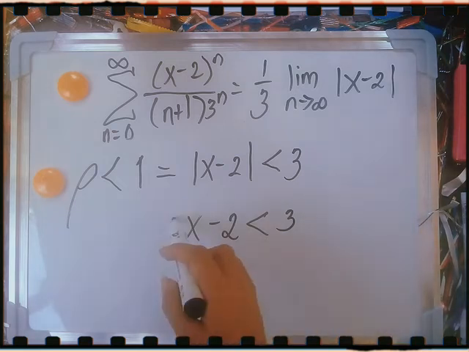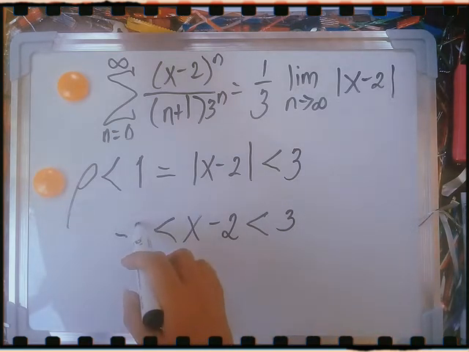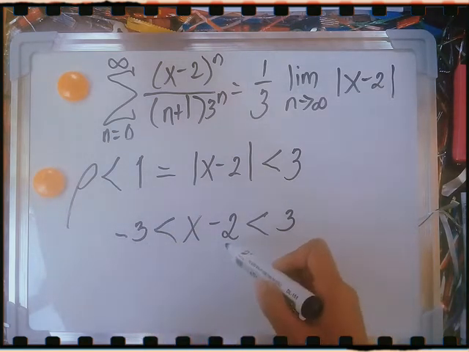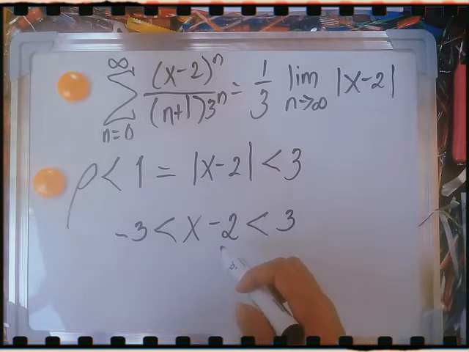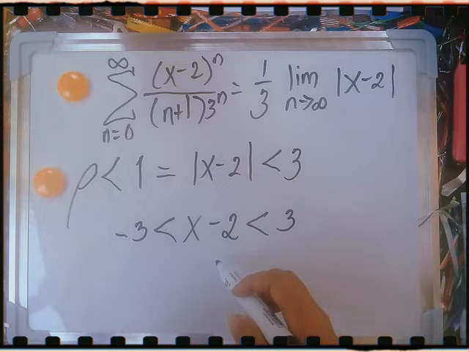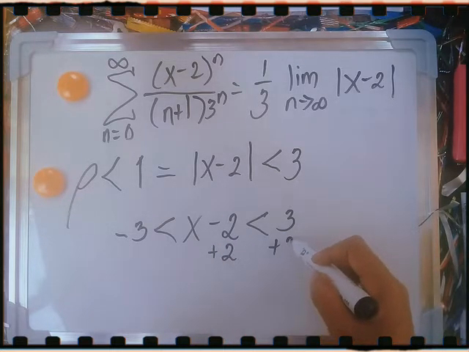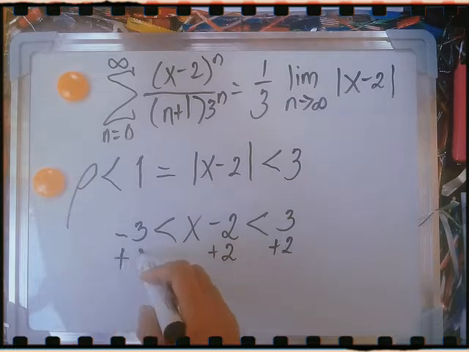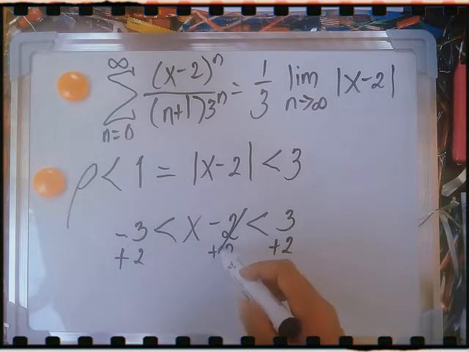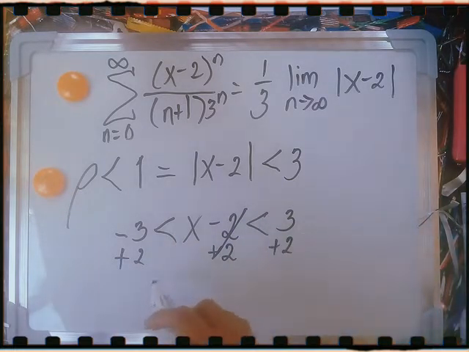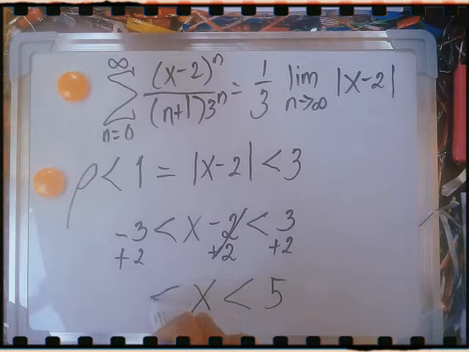Since positive dito, lalagyan natin sa kabila ng negative 3. So to cancel yung kasamang constant ng variable na x, we have to add 2 here, add 2 there. So ang natira ay x is less than 5 but greater than negative 1.